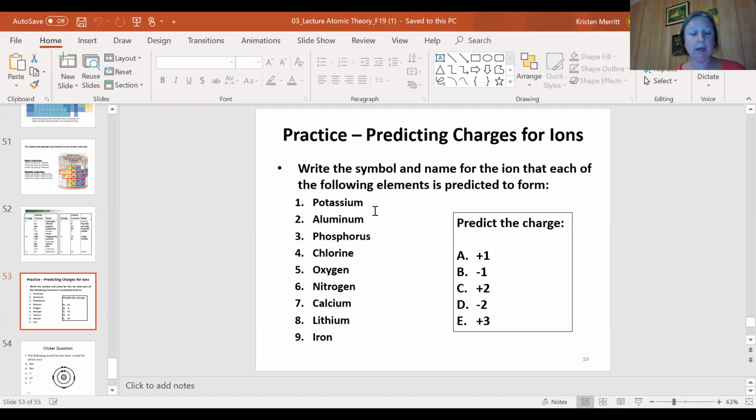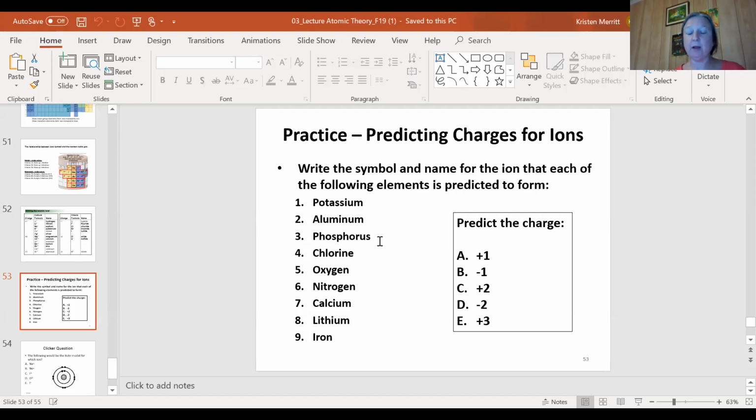Aluminum is over in group 3A. Now I'm using the AB naming. So it's easier for aluminum to lose 3 electrons than to gain 5. And therefore, aluminum will lose those 3 electrons, and it has a 3+ charge.